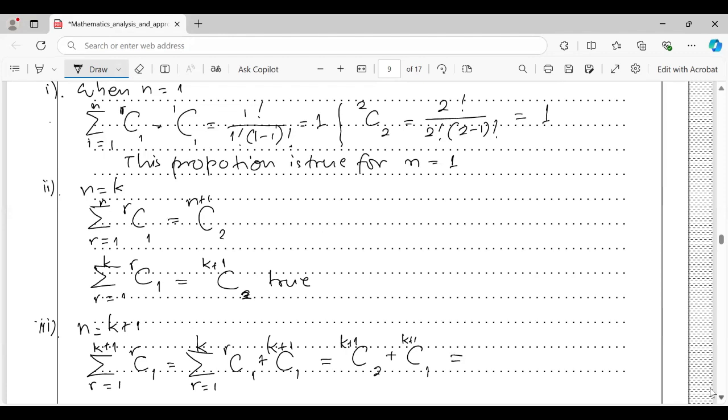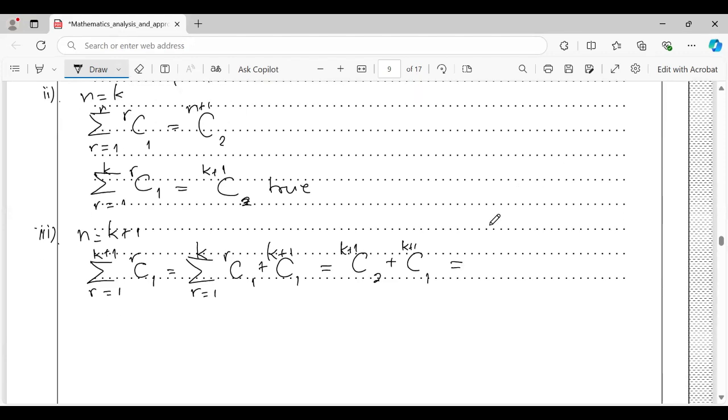After that, in factorial, this part becomes k plus 1 factorial over 2 multiply k minus 1 factorial, plus k plus 1 factorial over k factorial.